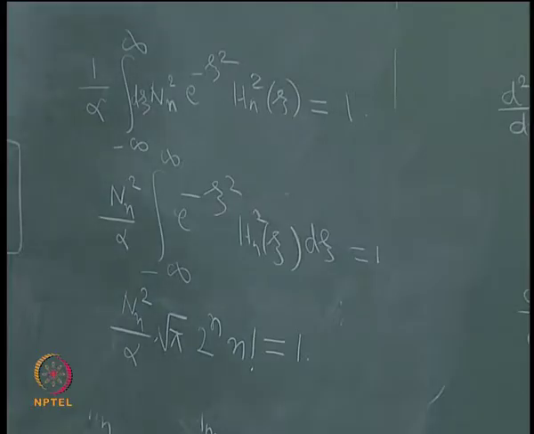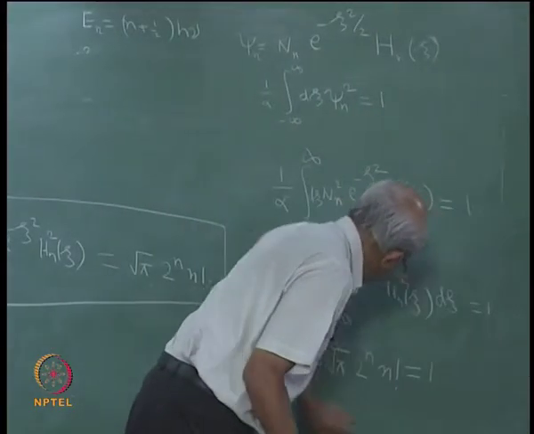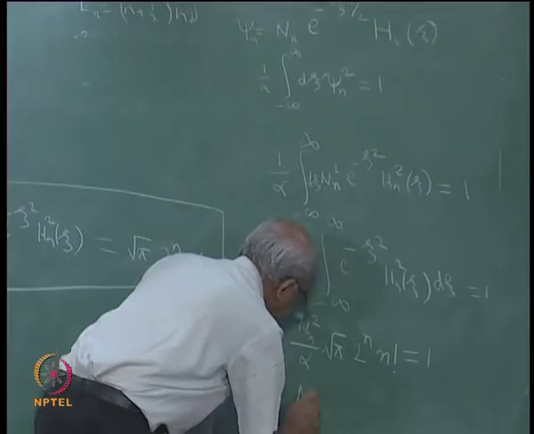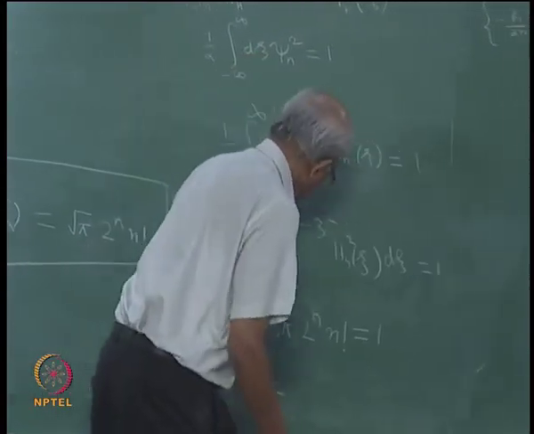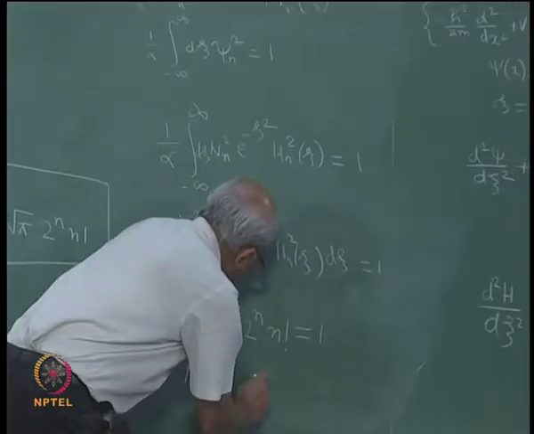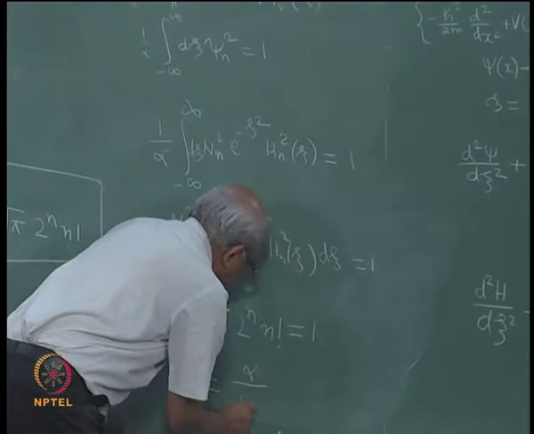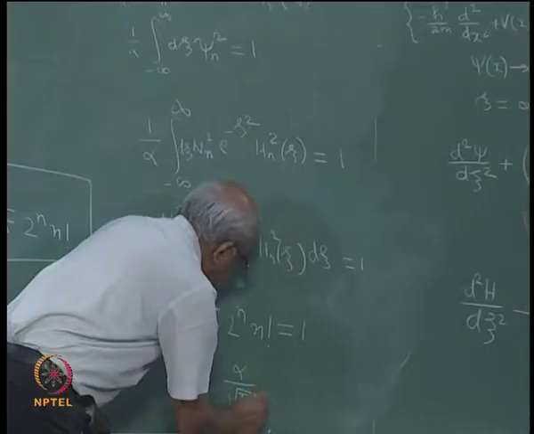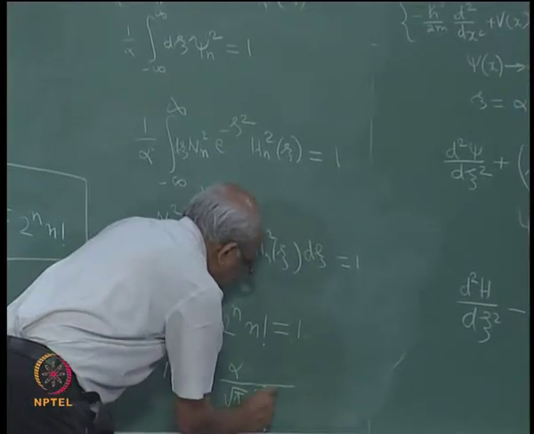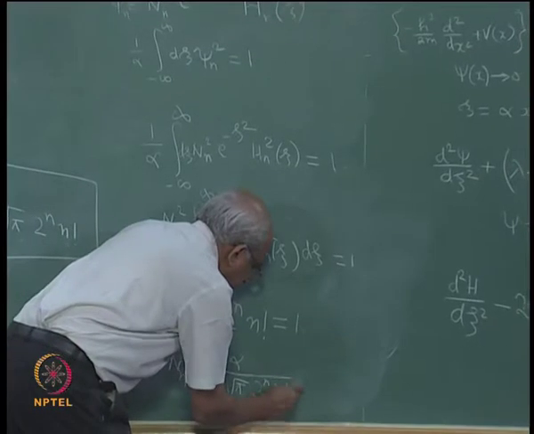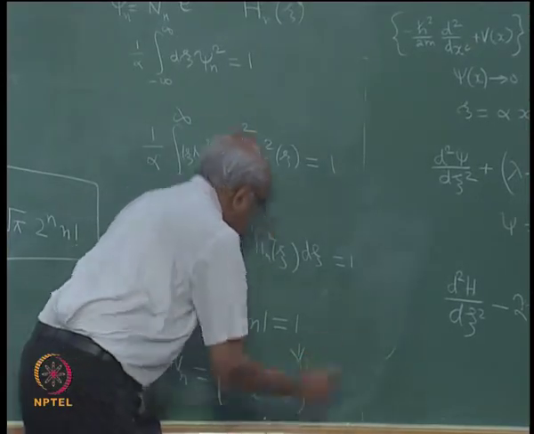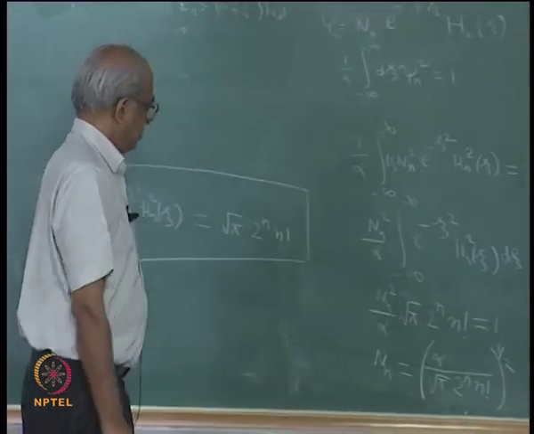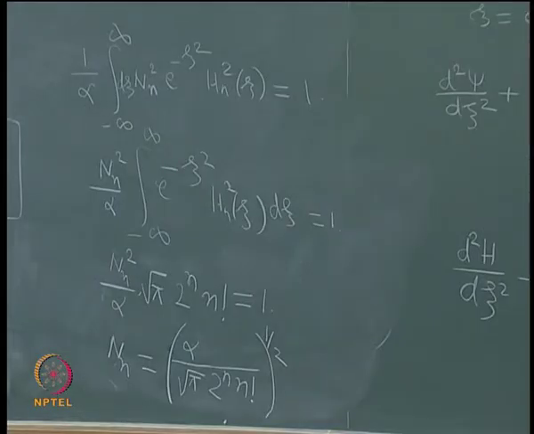For N itself, N is equal to alpha by root pi 2 to the power of n n factorial, to the power of half. That is the normalization factor.